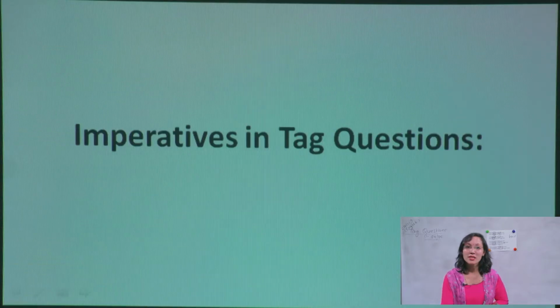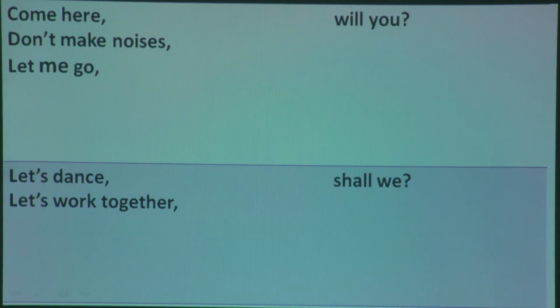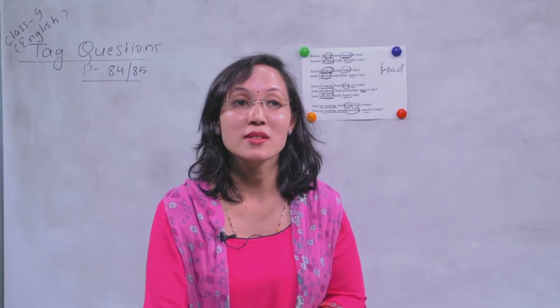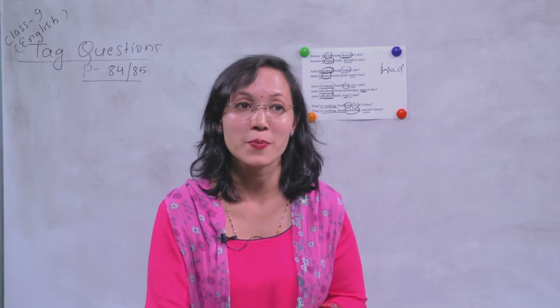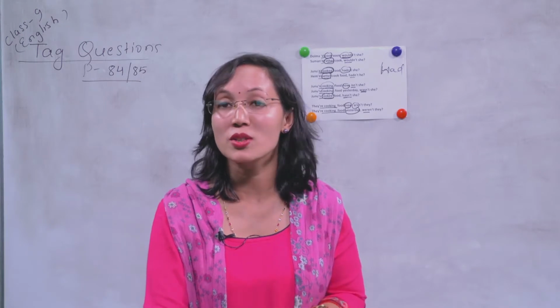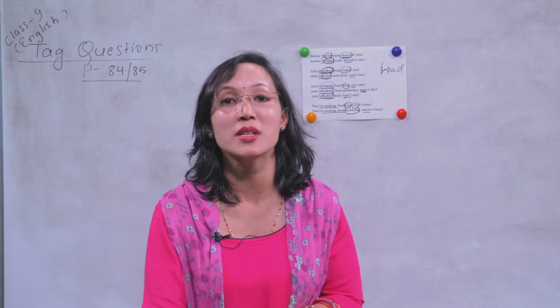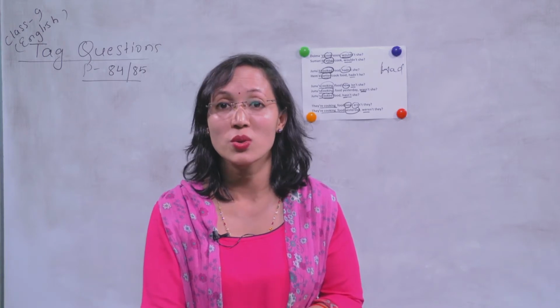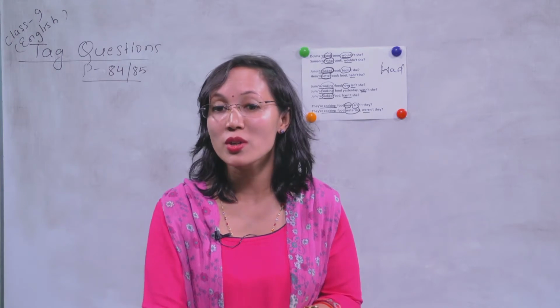Now, imperative tags. As I have already told you, imperatives are sentences that start with verbs. Like shut the door, don't shut the door. They could be affirmative or negative imperatives: close the door, don't close the door; show me your book, don't show me your copy.